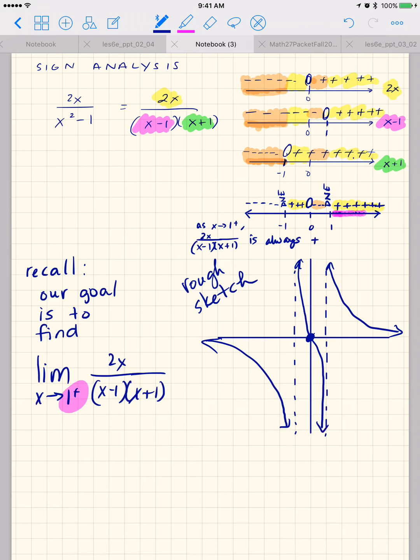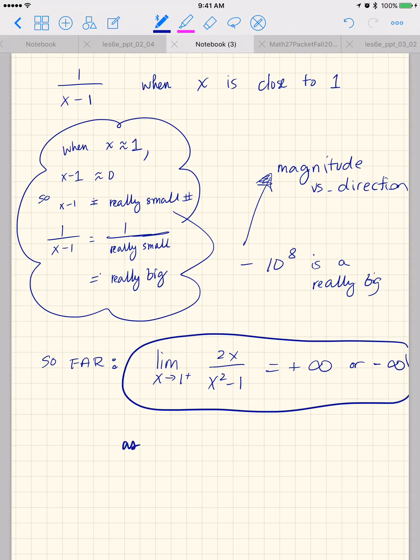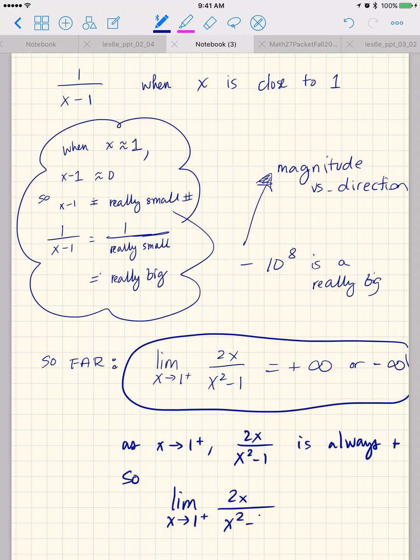So let's go back. Remember how we said that so far the limit is equal to plus infinity or minus infinity? Well, we just found out that as x approaches 1 from the right, 2x over x squared minus 1 is always positive. So our limit has to be equal to plus infinity.